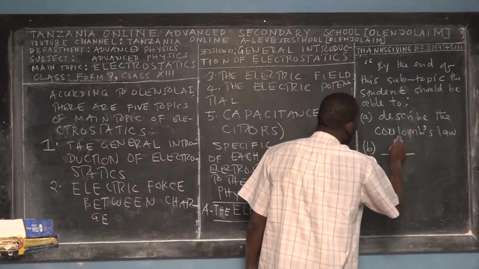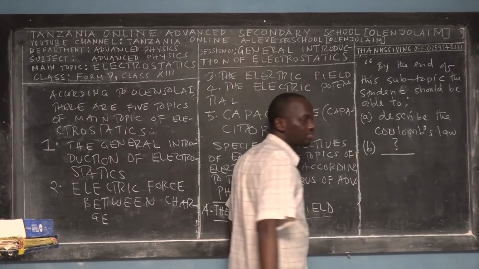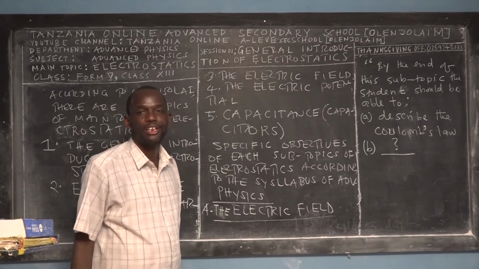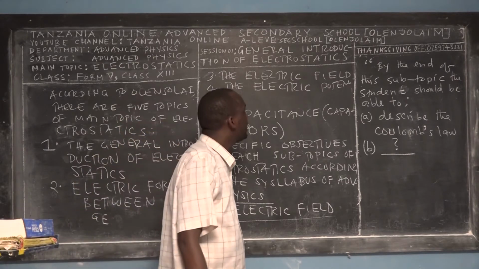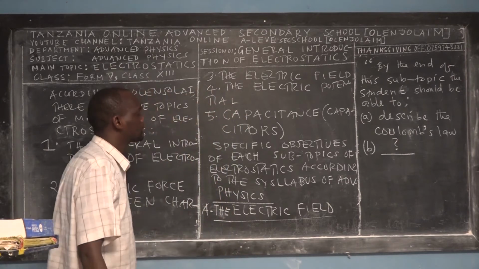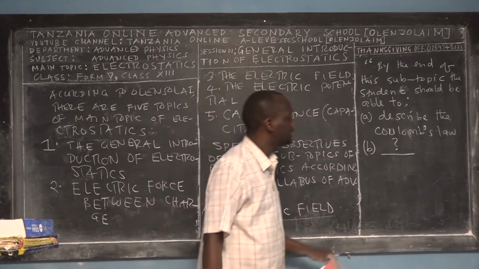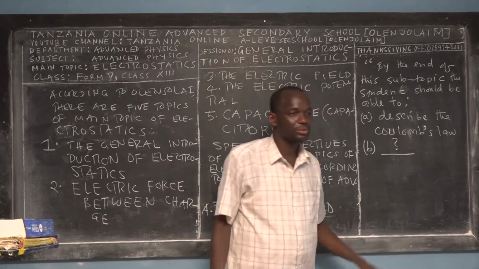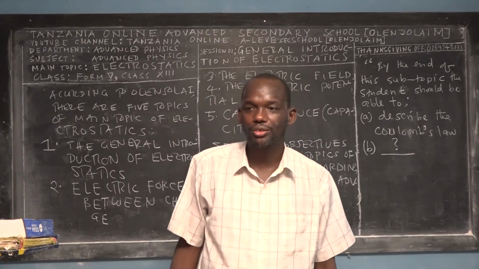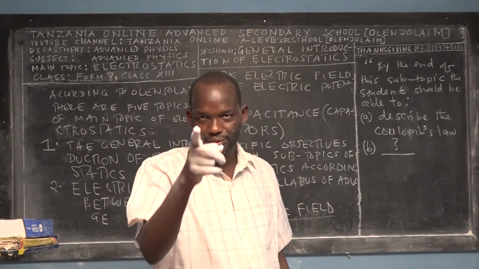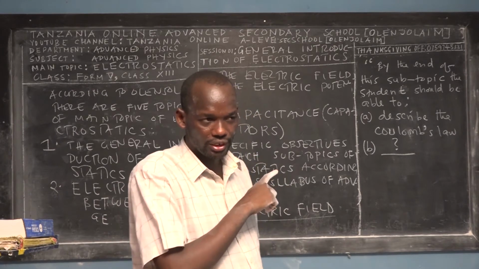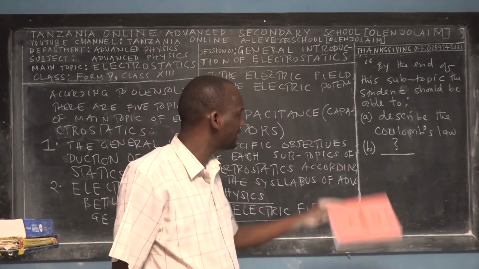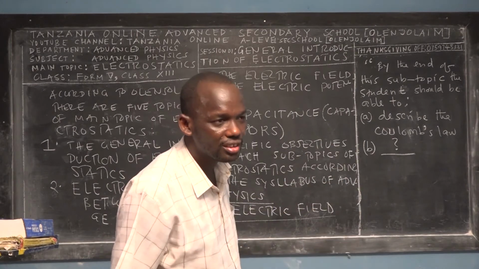The second one, we leave blank. Why do we leave it blank? We want active students, and this is the active learning program, the active learning advanced secondary school. So we want students to be active, so the student has to fill in the second specific objective himself or herself. You should have this syllabus book in your hand, and then you fill it in, you just copy.